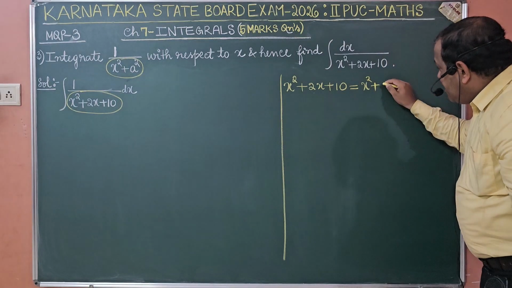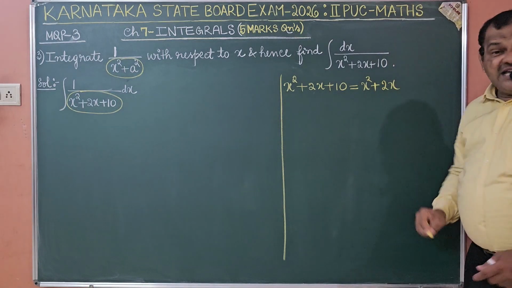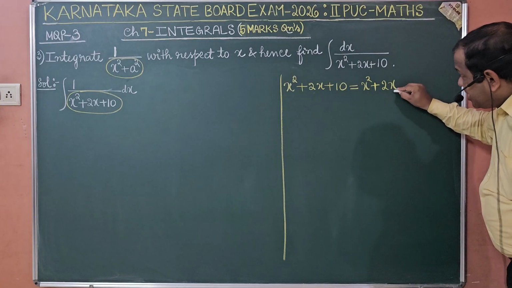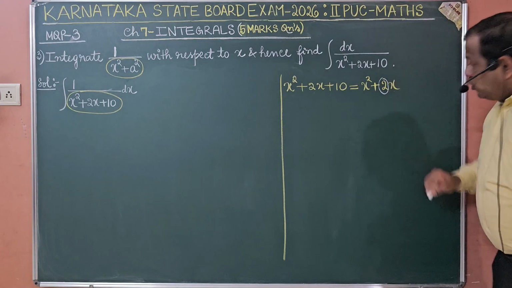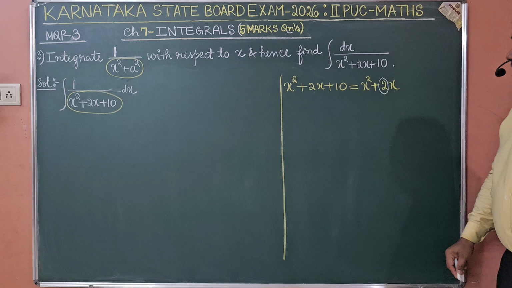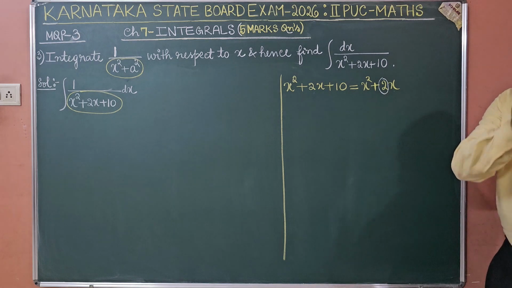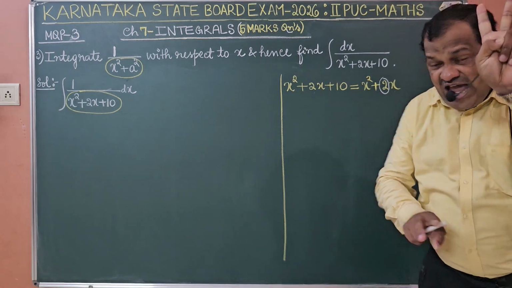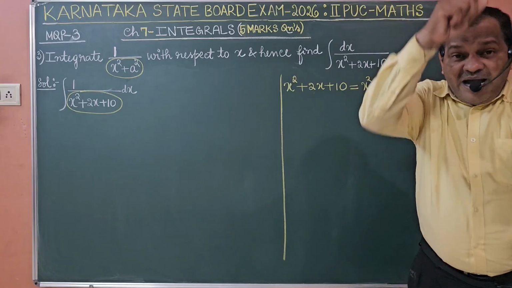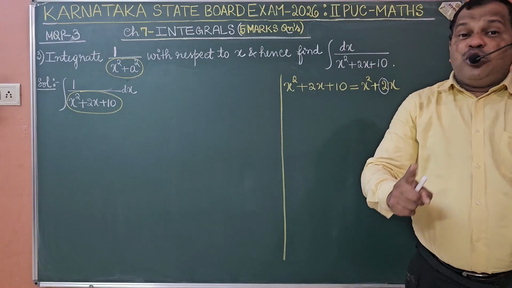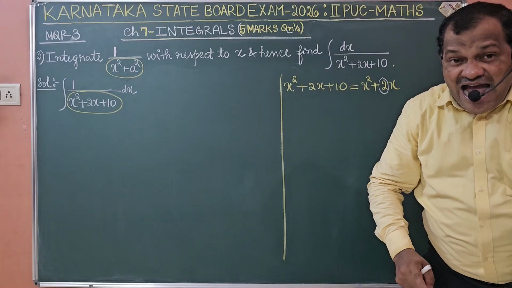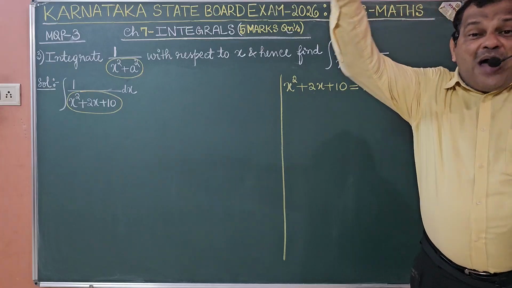See, we have here 2x. Can you see the coefficient of x is 2? Now this 2 you divide by 2. 2 by 2, 1. So you have to add and subtract that 1 square.